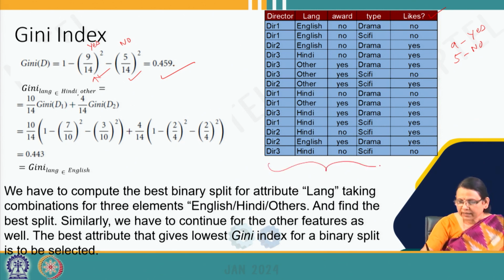Now, let us try finding out how we make feature selection. Our whole aim of talking about this Gini index is finding out the best set of features that we should be considering along with this response variable.